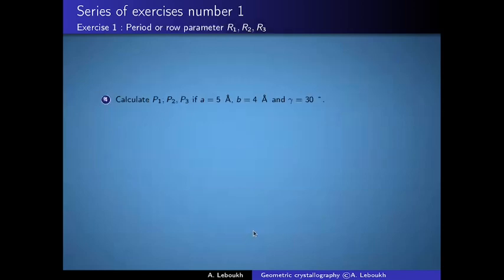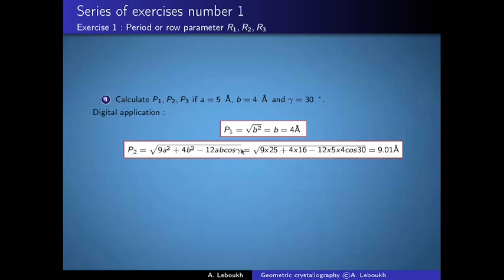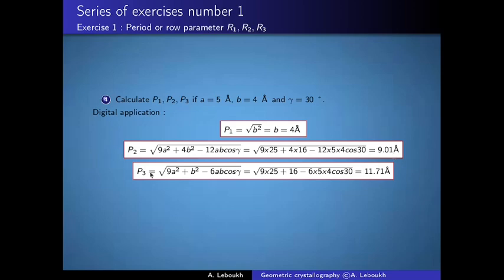Now we pass to the digital application, by taking A equals 5 angstrom, B equals 4 angstrom, and gamma equals 30 degrees. Here we find that P1 equals 4 angstrom, P2 equals 9.01 angstrom, and P3 equals 11.71 angstrom.